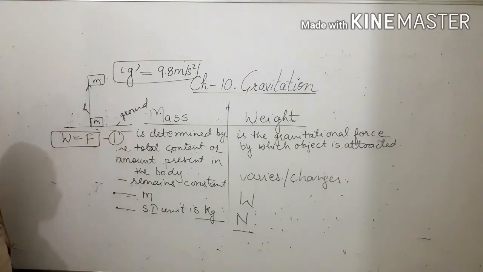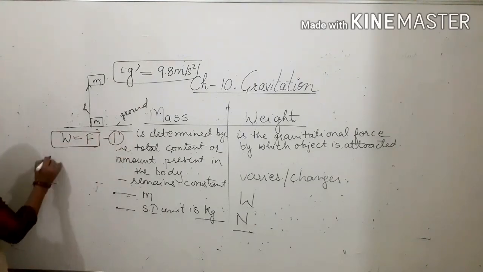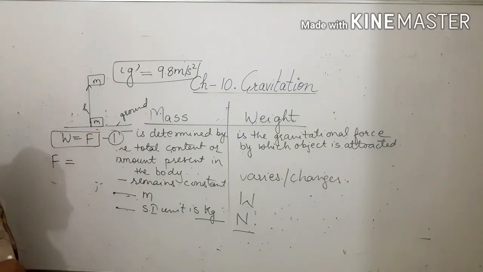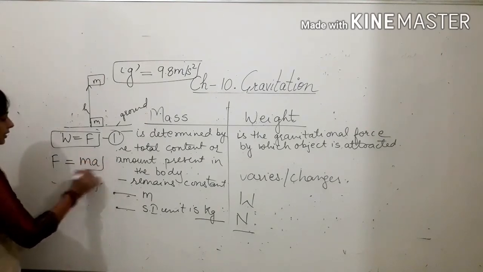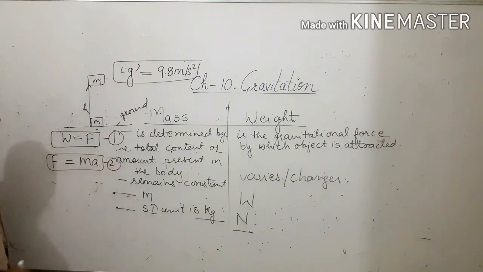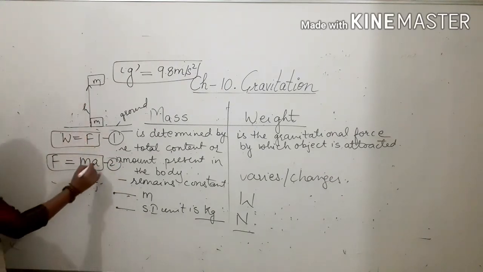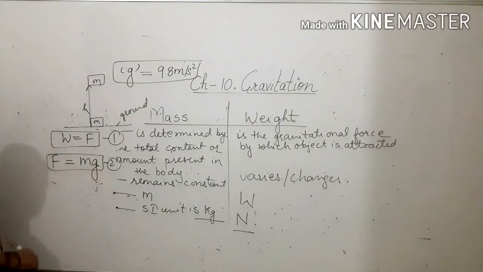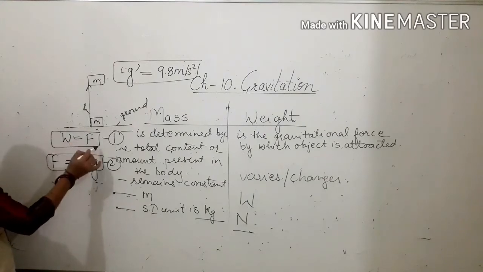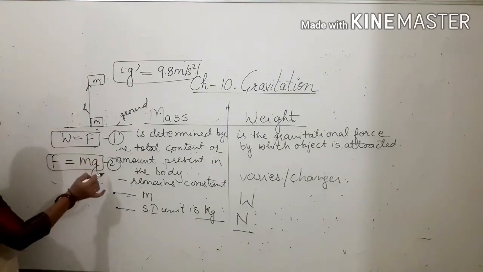This is the first step. Now, in the 9th chapter we studied the formula of force, that is F is equal to ma. Second step. Now here acceleration is produced due to gravity, so a is replaced with small g. So F is equal to mg. Now W is equal to F and F is equal to mg.